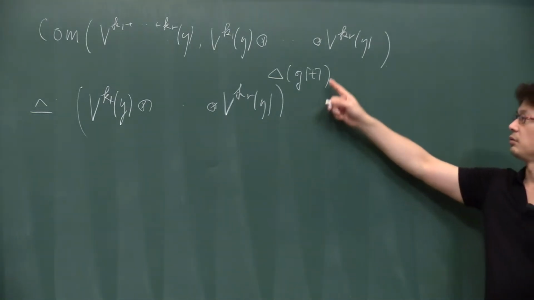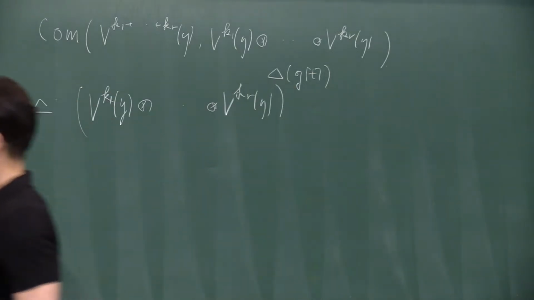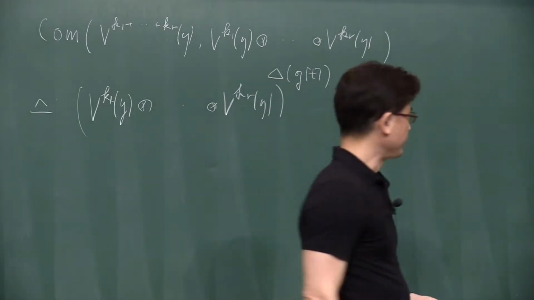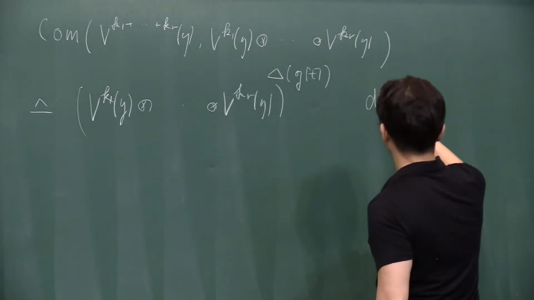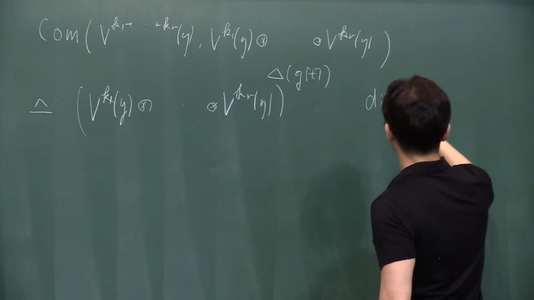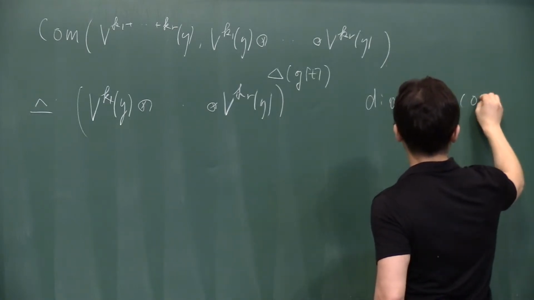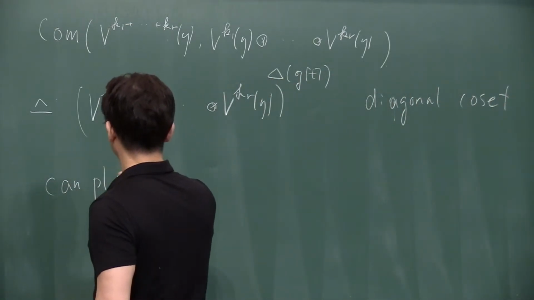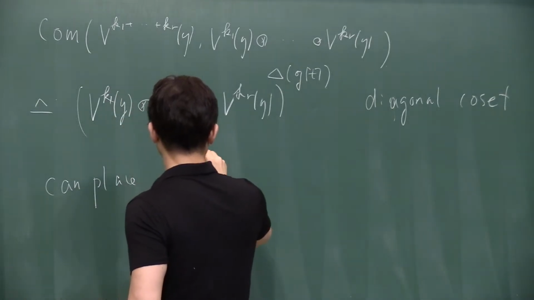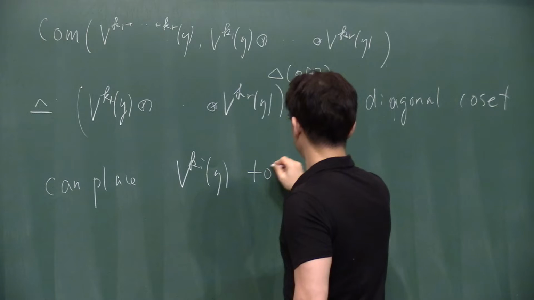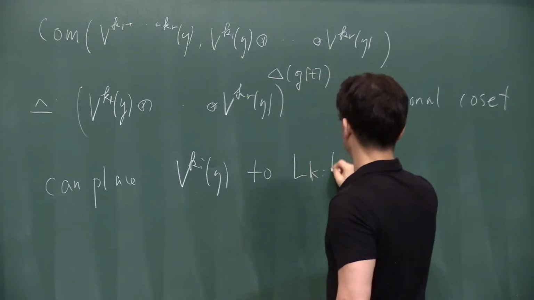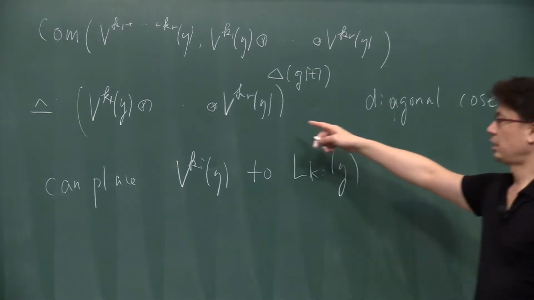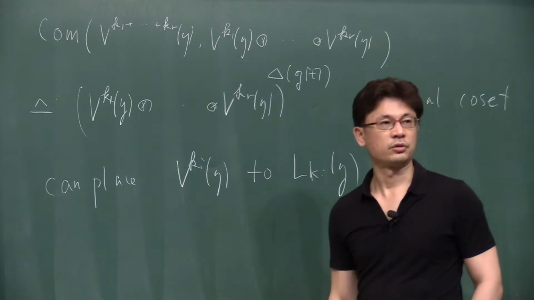So this is certainly contained in here by this description, but it actually coincides. This kind of space is called the diagonal coset. And you can replace, for example, V^k(g) by its simple quotient for several choices of k. And you can also consider the corresponding coset vertex algebra.